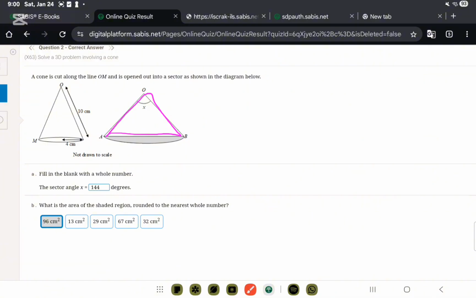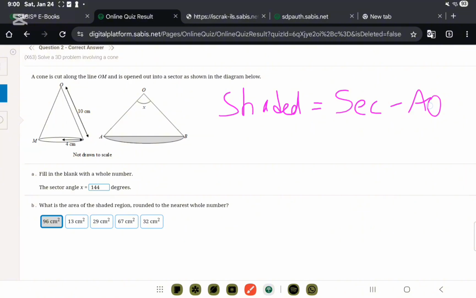To find the shaded area, we do the area of the sector minus the area of OAB. So shaded equals sector minus AOB.